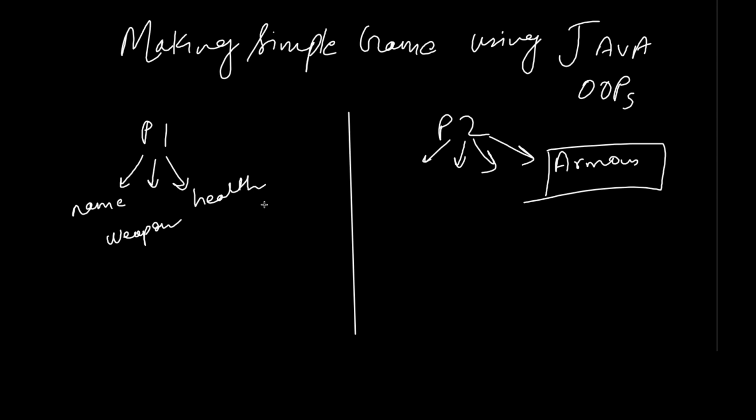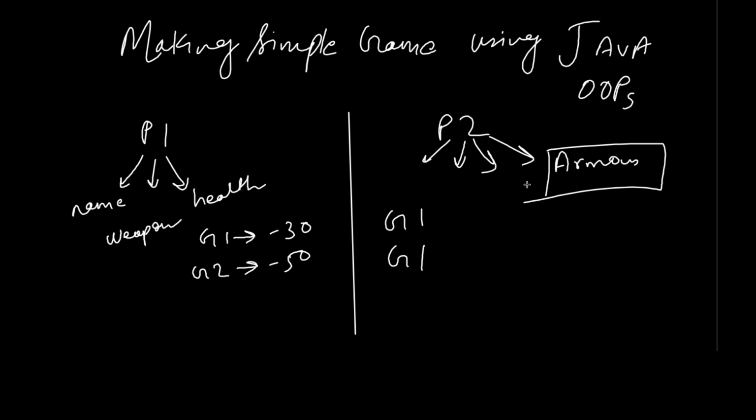Let's say we have two guns here, G1 and G2. If player 1 gets hit by gun 1, then health is reduced by 30, and if G2 strikes, that is the second gun, then health is reduced by 50.